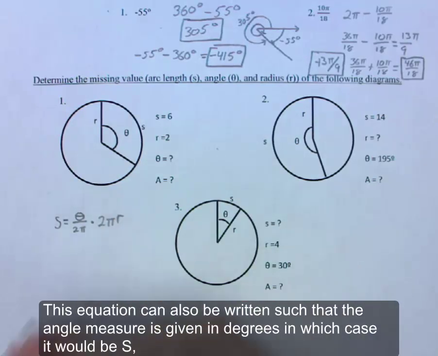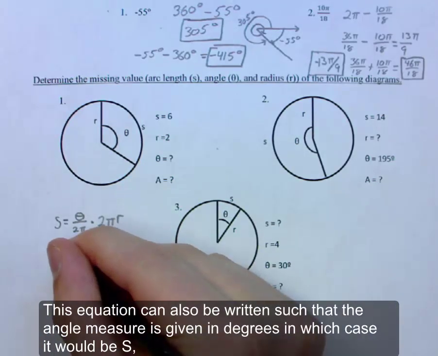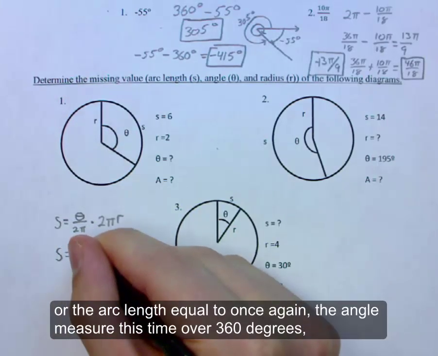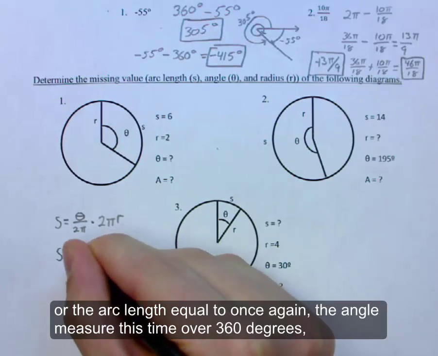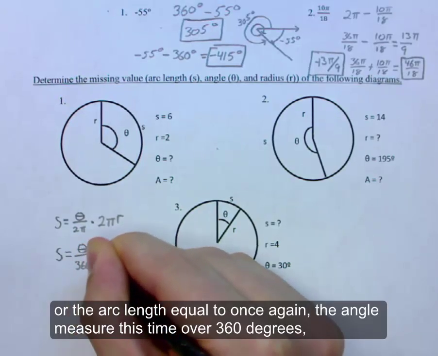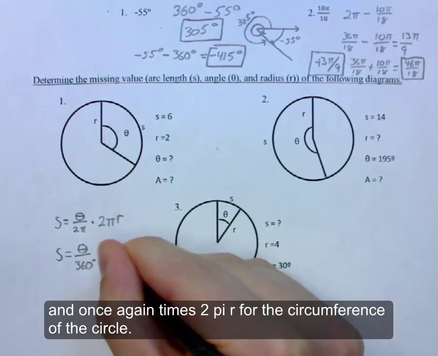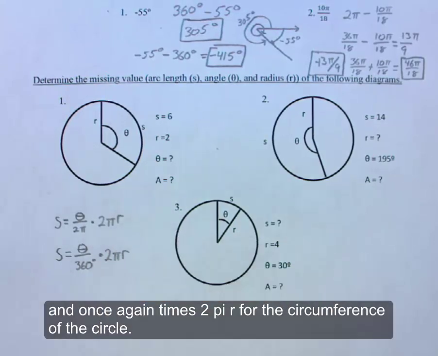This equation can also be written such that the angle measure is given in degrees, in which case it would be s, or the arc length, equal to, once again, the angle measure, this time over 360 degrees, and once again times 2 pi r for the circumference of the circle.